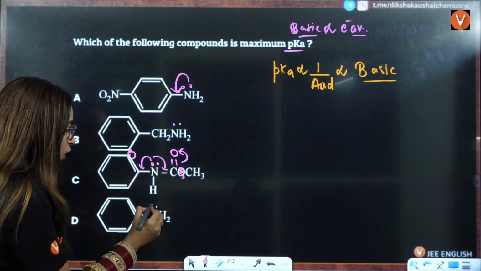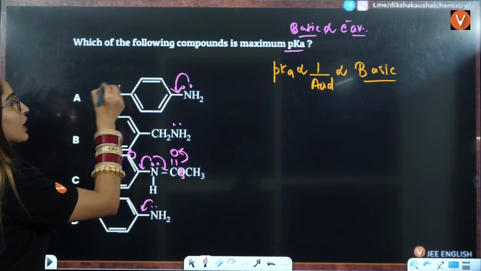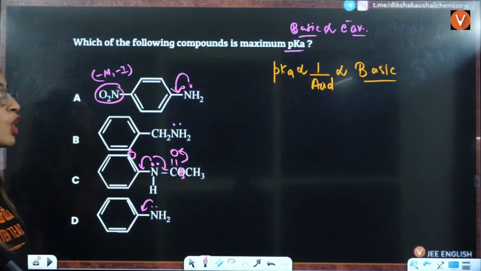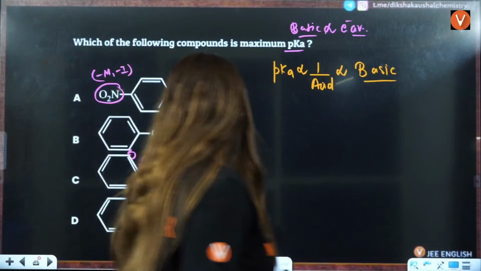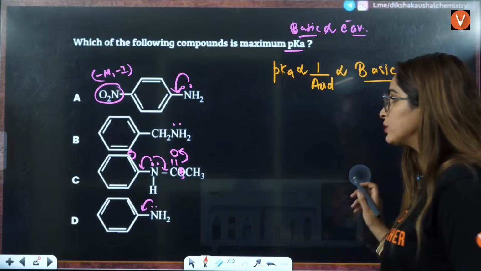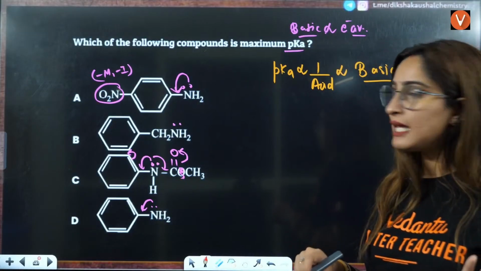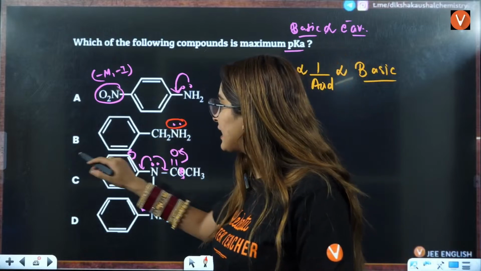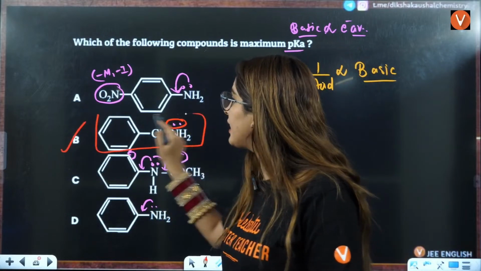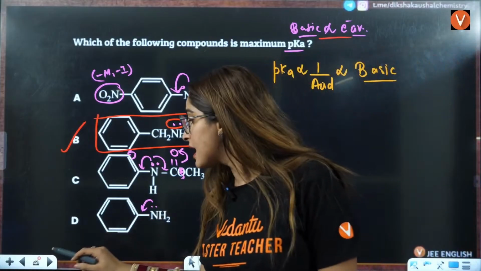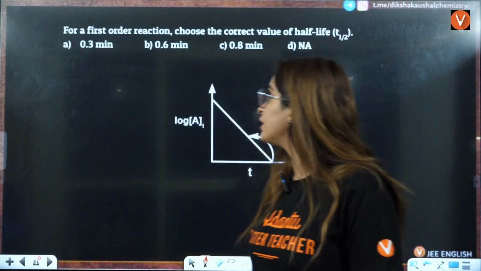Here also it is involved in delocalization. Here you have minus M and minus I effect also. So the one showing maximum electron density on the nitrogen, electron will be maximum available on B. So B is going to be the maximum basic, that is maximum pKa value here.